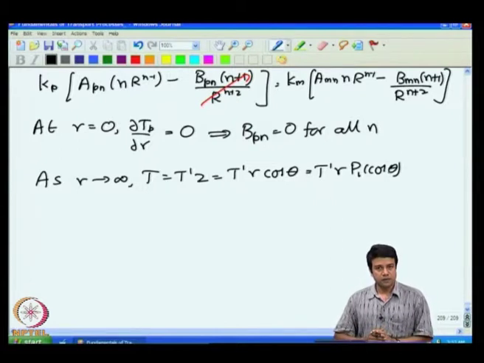If you recall, when we did the Legendre polynomial expansion, we had said that P0 of cos theta is equal to 1, P1 is equal to cos theta, P2 is equal to 3 cos squared theta minus 1 by 2, and so on. And these are all orthogonal to each other. Therefore, in the limit as r goes to infinity, the solution has to converge to T prime times r times cos theta.